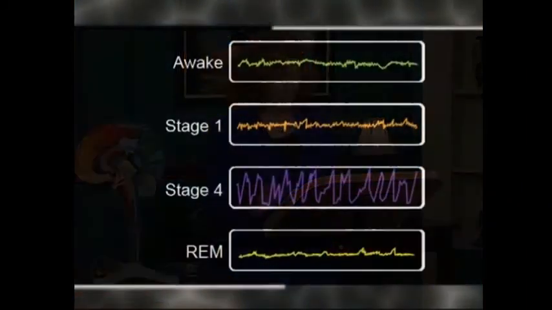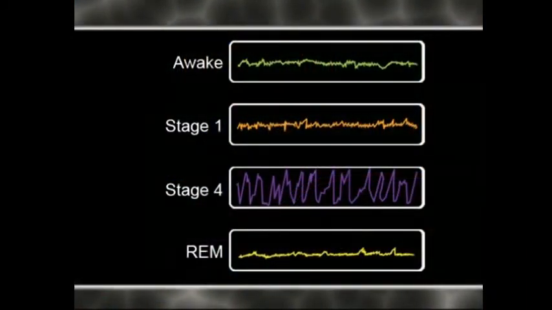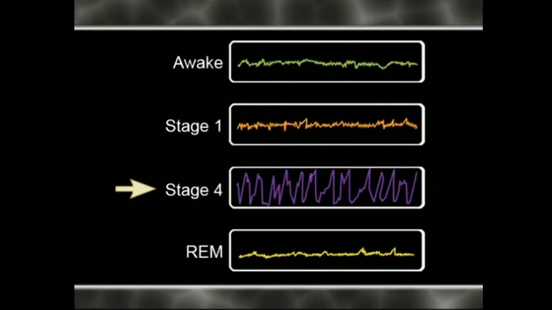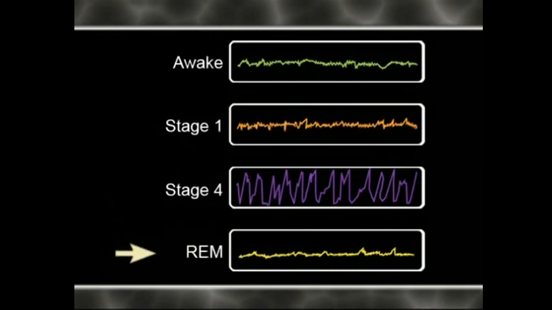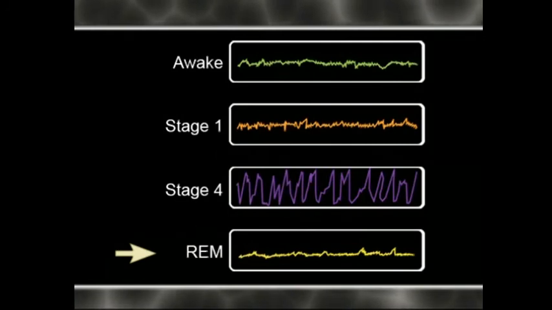Then, over about a 30-minute period at the end of stage 4 slow wave sleep, about 90 minutes into the evening, or your first cycle anyway, there's an episode of what is referred to as rapid eye movement sleep. Rapid eye movement sleep, shown here on our EEG pattern, is a deeper level of sleep.